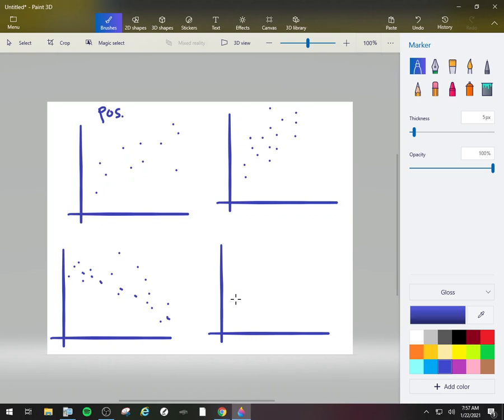So what would happen if we just had a blob? We call this no association or no correlation. This is probably what it would actually look like if you asked people what their height was and how many pairs of shoes they owned, because I don't think height has anything to do with how many pairs of shoes you own.